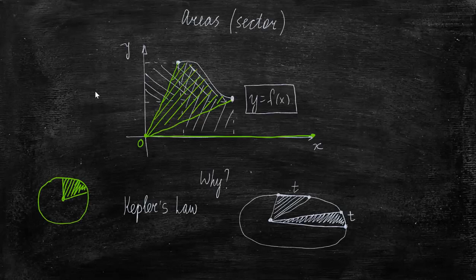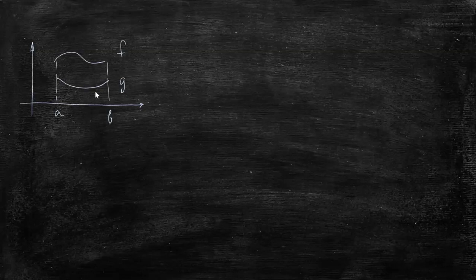Next, let's discuss the extension of this idea to something that is very similar in nature to the following formula. If you recall, in Cartesian coordinates, when you had function f and function g on the interval from a to b, the area bounded by the lines x equals a, x equals b, and f and g could be found using the following formula.